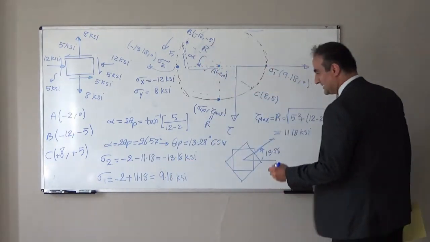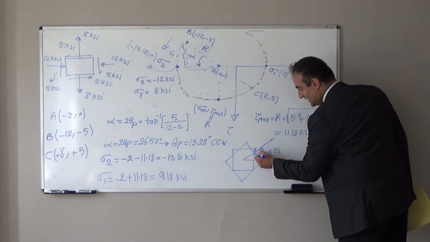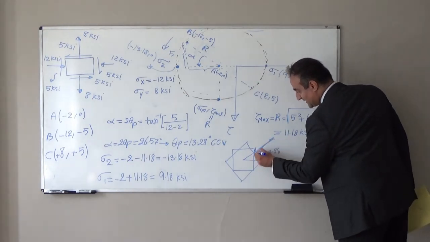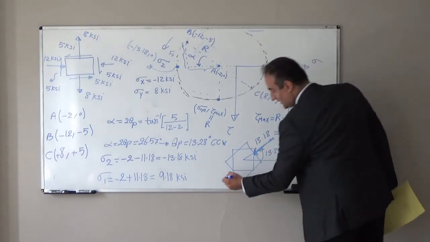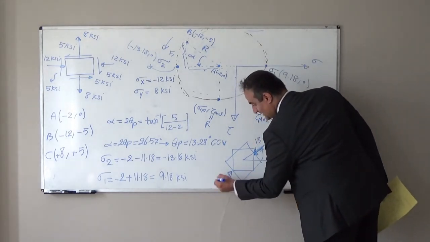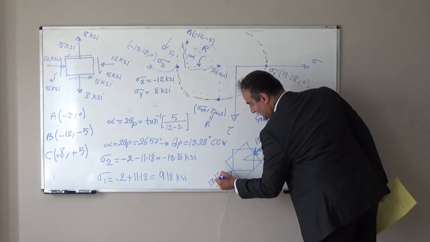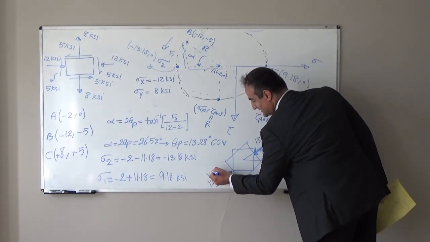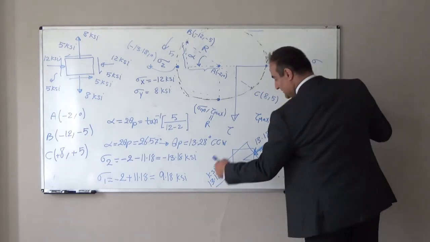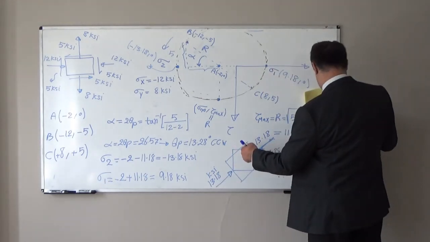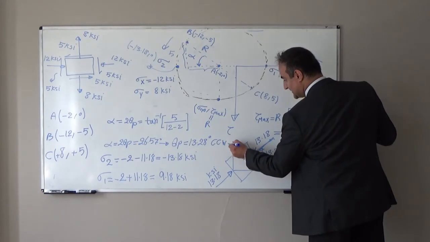Sigma 2 is negative 13.18, so we should show compressive stress. It will be 13.18. On the other side again, it will be 13.18 KSI. So here in this face we will have tensile stress.